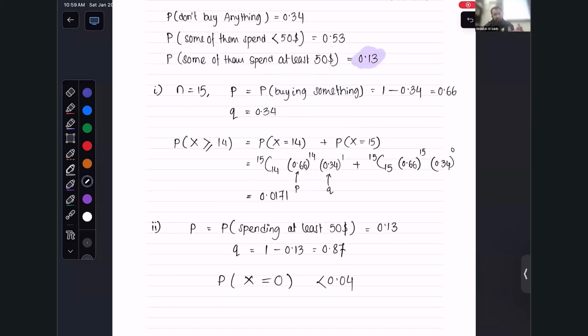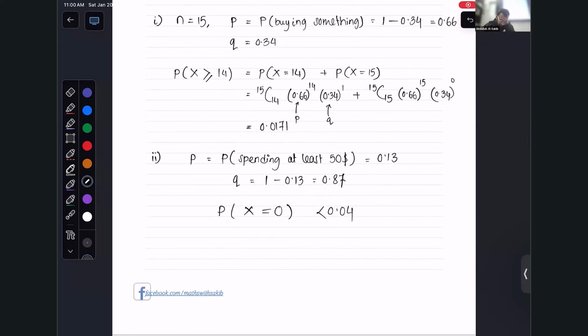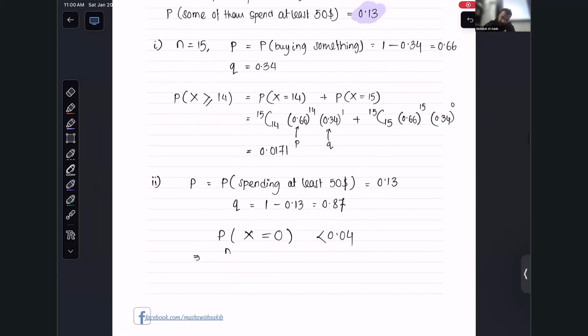So first of all, we understood the subject and predicate. The probability is less than 0.04, and which probability? For X equal to 0, because the probability of success is spending at least. Now if we apply the formula, X equal to 0 means out of n customers, there will be 0 customers who spend.